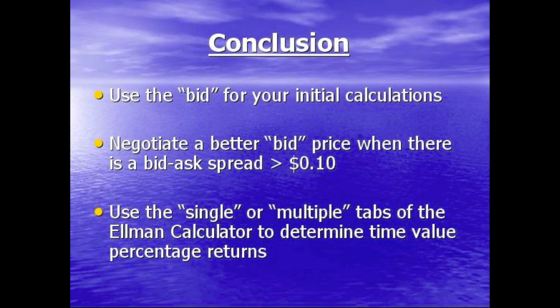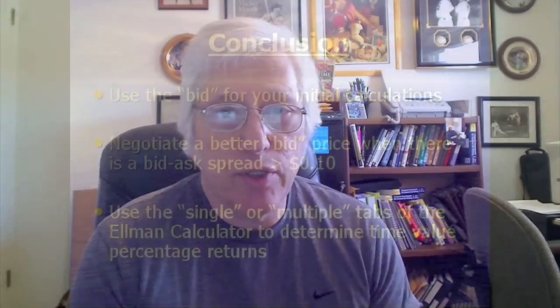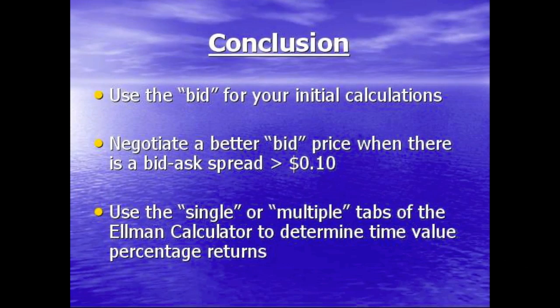So Bill, let's summarize. In order to calculate the percentage of time value remaining on a covered call, we look to the bid column. However, if the bid-ask spread is greater than 10%, we will oftentimes try to negotiate a better price using the leverage of an SEC rule called the show or fill rule, information highlighted in my educational material, and frequently we can get a better price than the published bid.